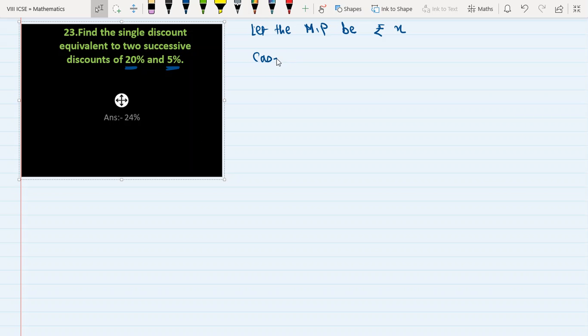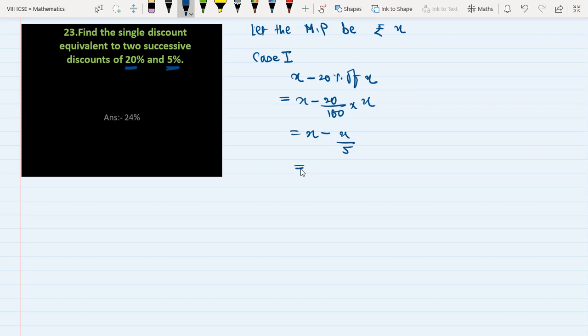Case 1: x minus 20% of x. What we have done is we have reduced the mark price by 20%, that is applied a discount of 20%. So x minus 20 upon 100 into x, that is x minus x by 5, that is 5x minus x, that is 4x by 5. Case 1.